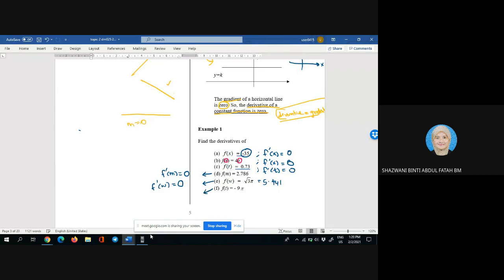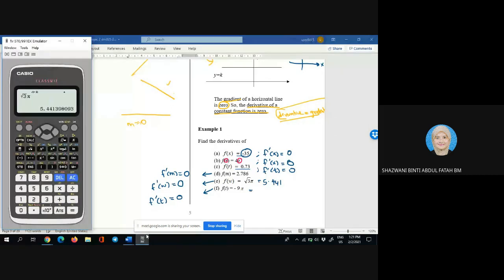Okay, so next one. f prime t, nak differentiate negative 9 pi. What is the answer? f prime t equals to 0, because negative 9 pi is a constant.